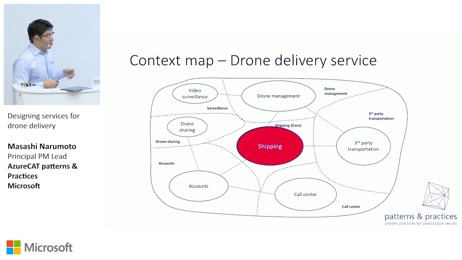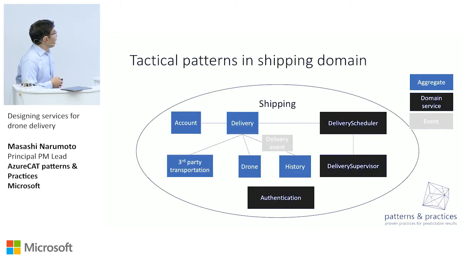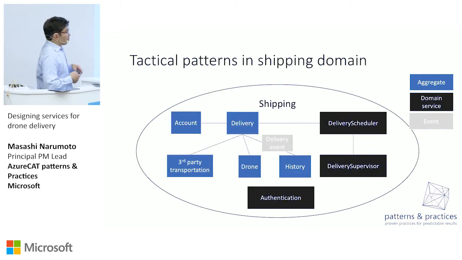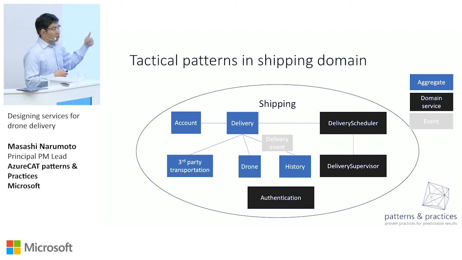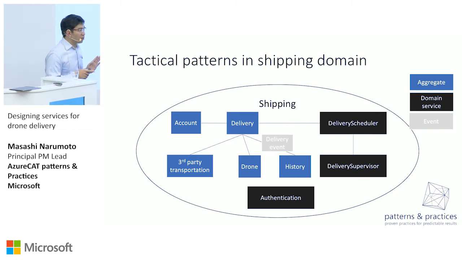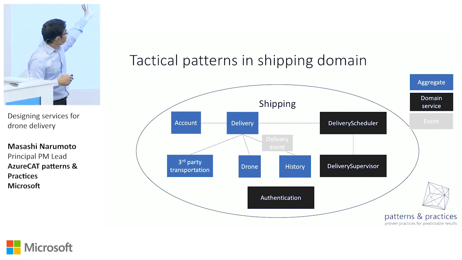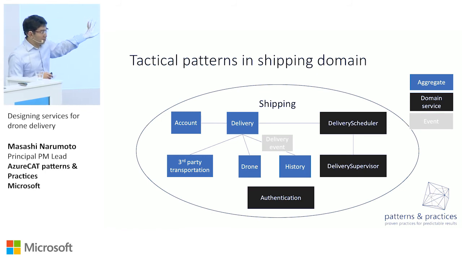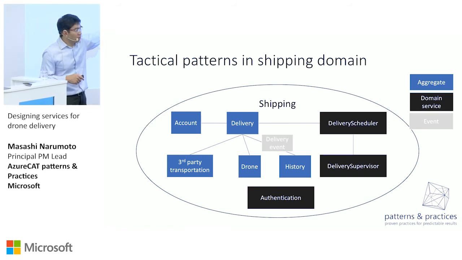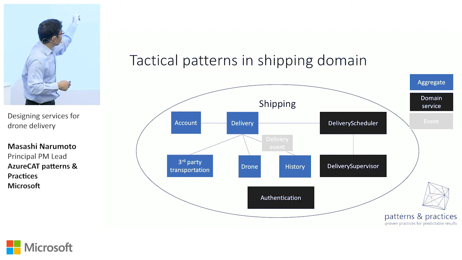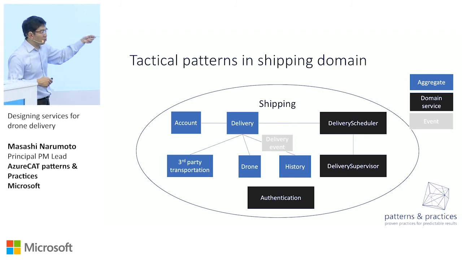Let's look into one of the core domains here, shipping. By going through the business process and business analysis, this is what we found. The ones in black are domain services, the ones in gray are aggregates, and the one in light gray is an event between delivery and delivery history.